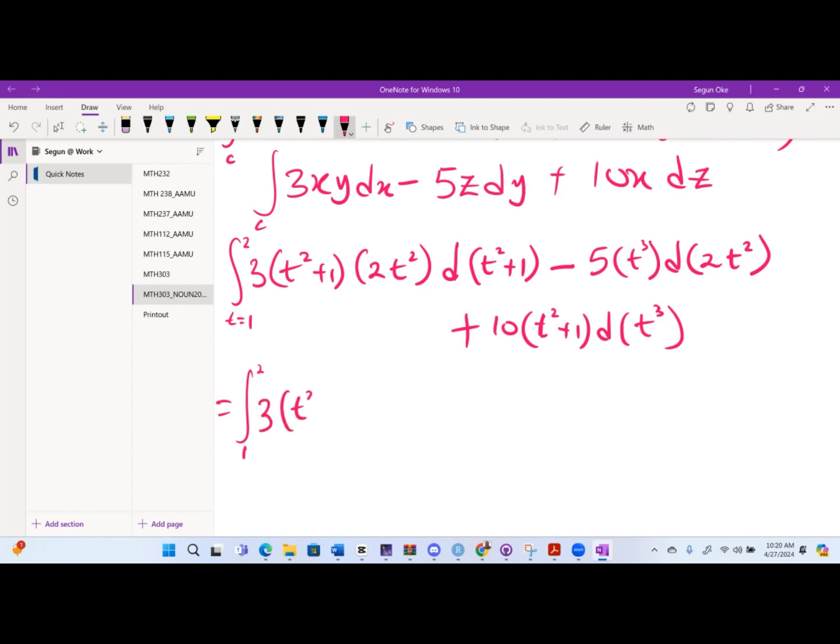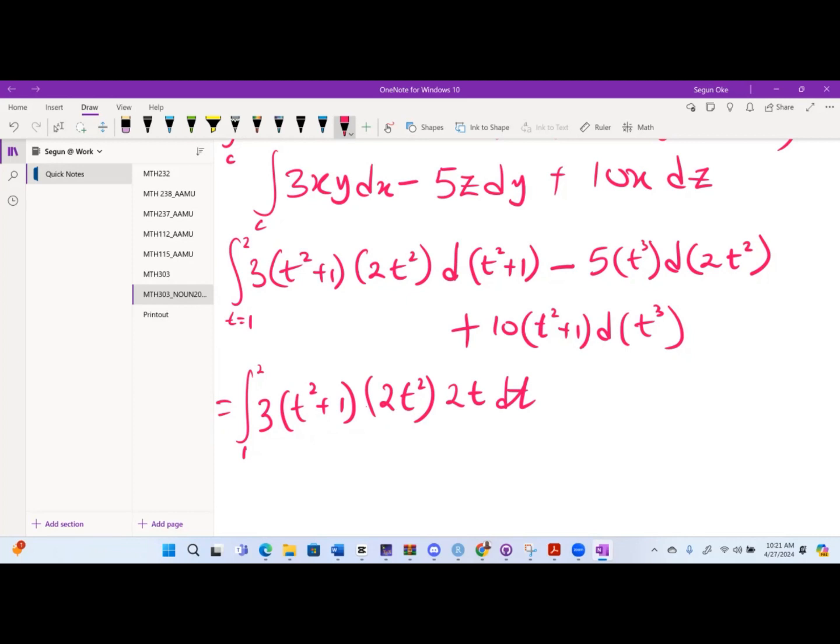3 into t squared plus 1, times 2t squared. Now let's differentiate. If you differentiate what is here, you have 2t, because 1 will turn to 0, so 2t dt.